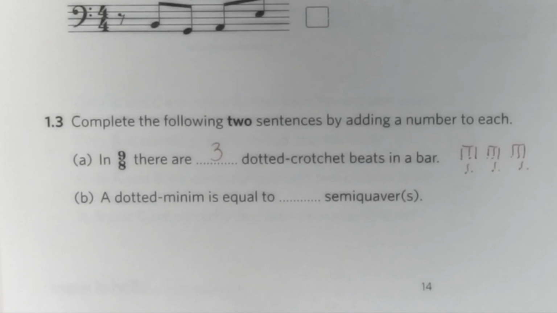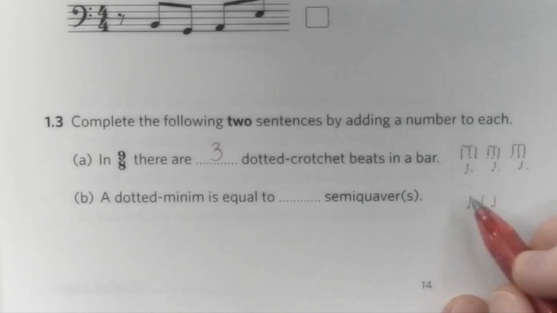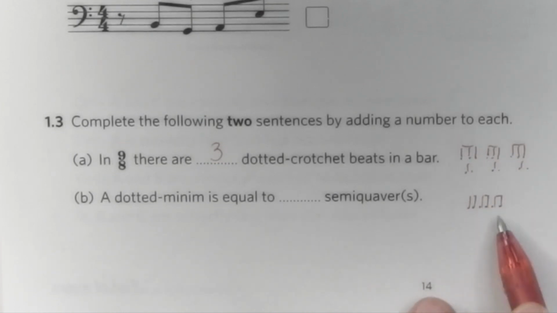Okay? Let's move on. A dotted minim is equal to this number of semiquavers. A dotted minim is the equivalent of 3 crotchets. Now each crotchet has 2 quavers, and each quaver is made of 2 semiquavers.